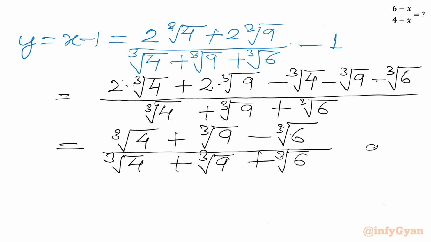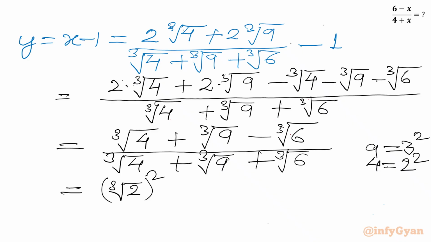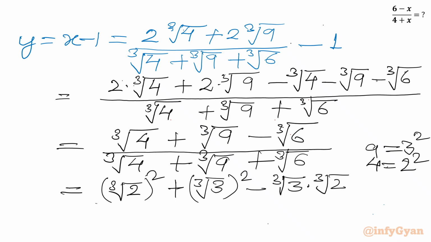Now we know that 9 is 3 squared and 4 is 2 squared. So I can write our numerator as (cube root 2) whole squared plus (cube root 3) whole squared minus cube root 6, and we can write cube root 6 as cube root 3 times cube root 2, over.